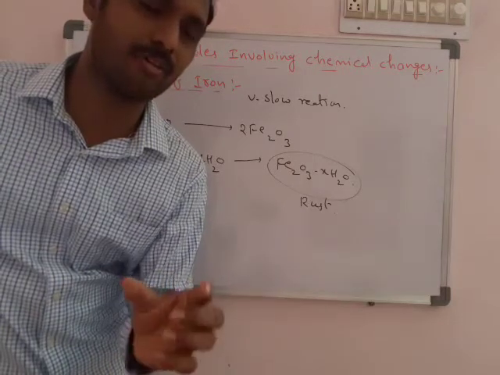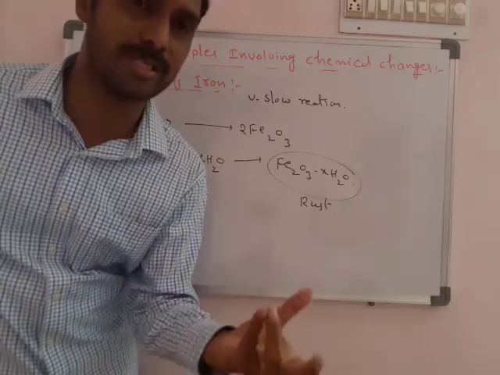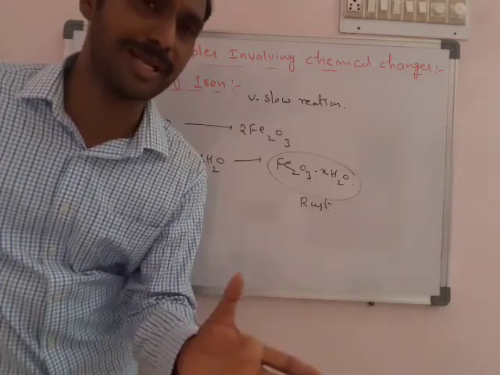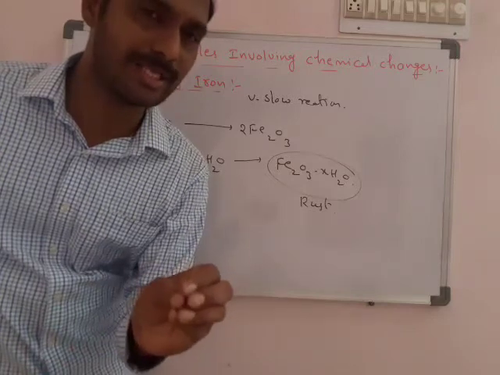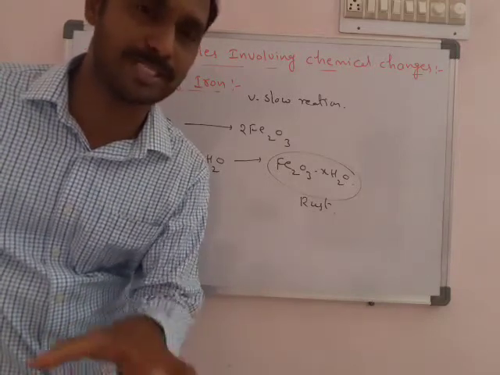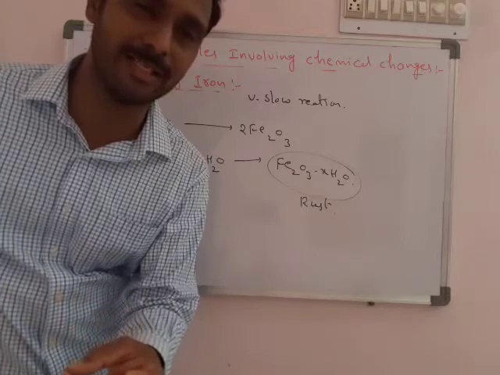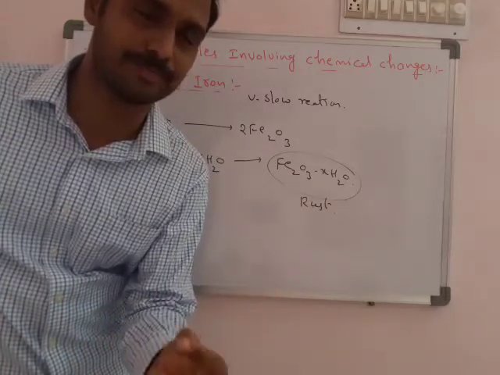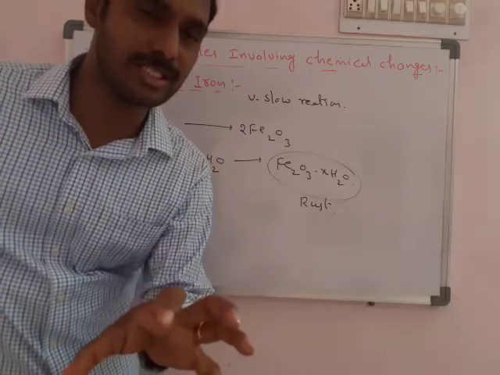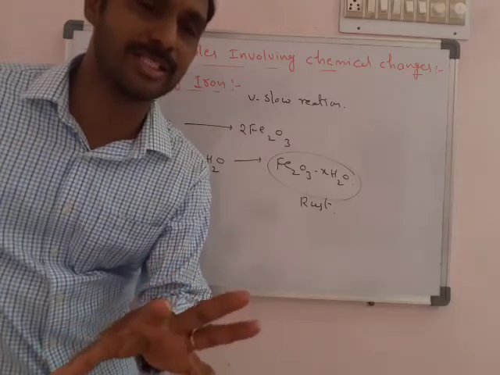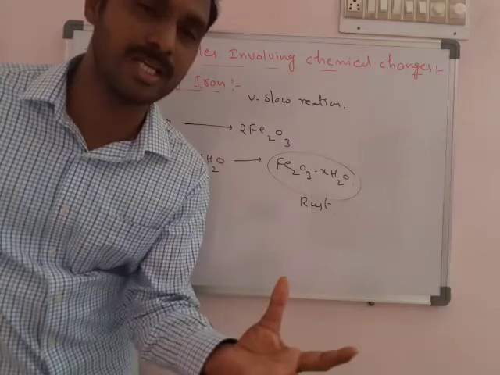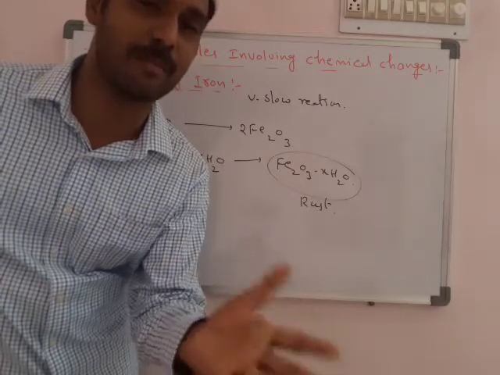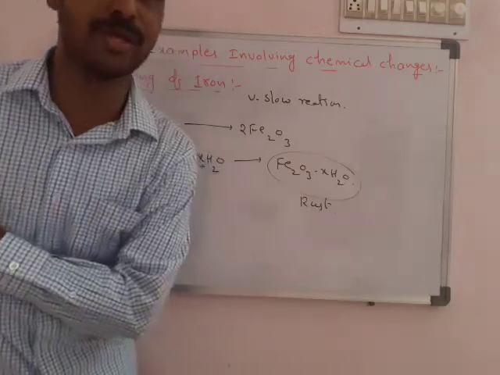Rusting of the iron present at the outside of the home takes place within a few days compared to the iron sheet inside the home. The one inside the home is also exposed to air, but compared to the outside it is very less. That's why the iron sheet placed outside the home undergoes rusting very easily compared to inside.